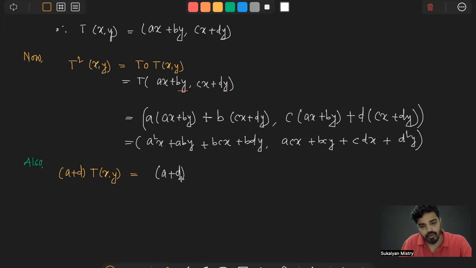What is T(x, y)? T(x, y) is given as (ax plus by, cx plus dy).